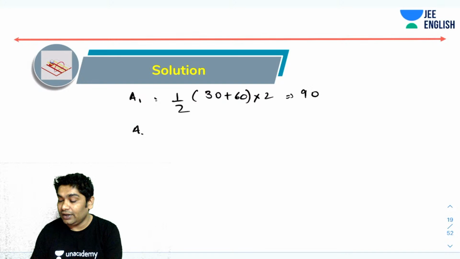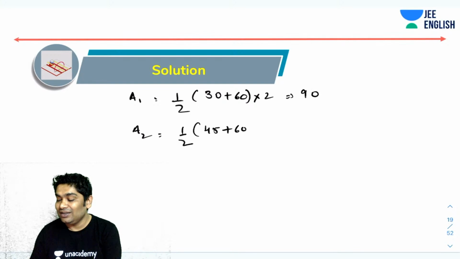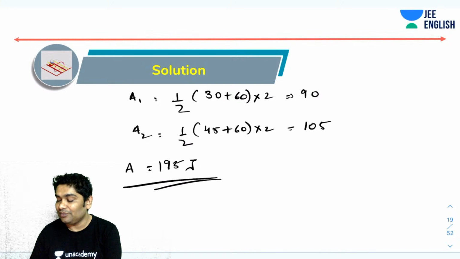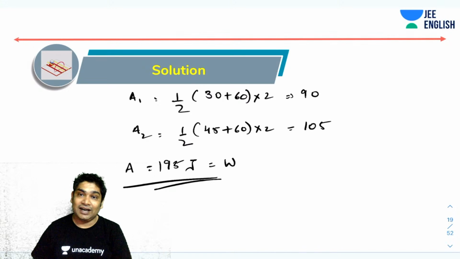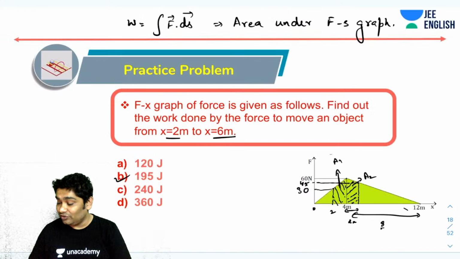And the area A2 is half the sum of parallel sides, 45 plus 60, into the distance between them, so that is 105. So the total area is 195. That is going to be your answer. This is the work done, 195 joules. Okay, so very well done.